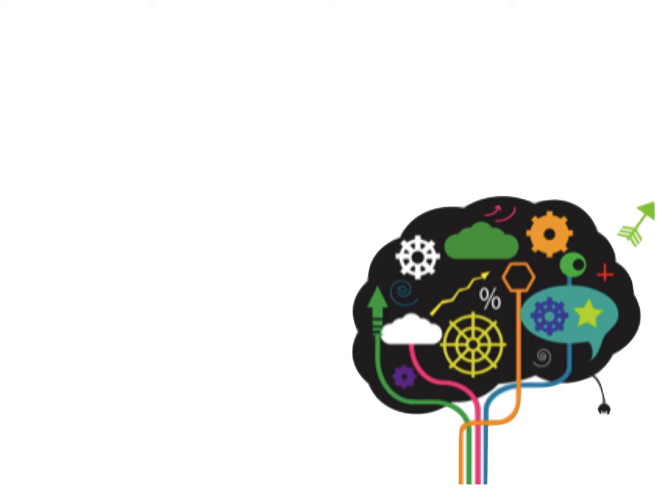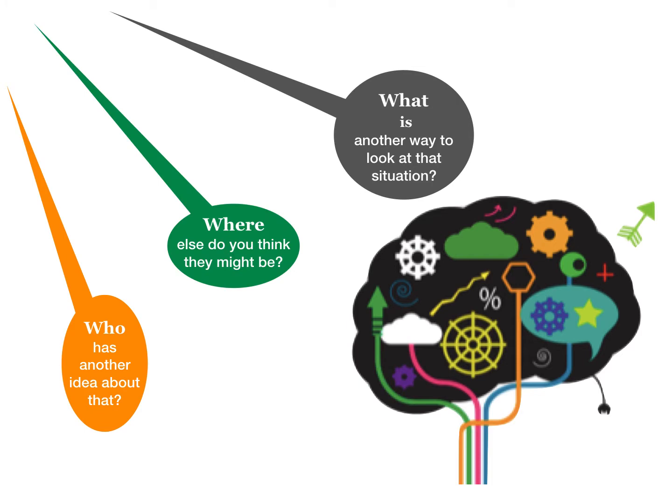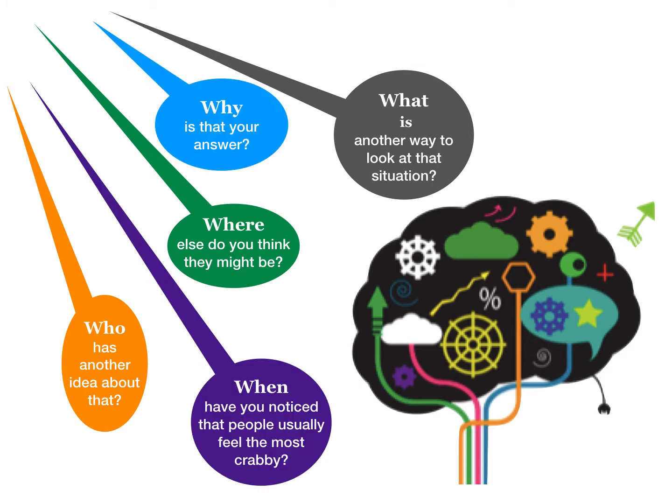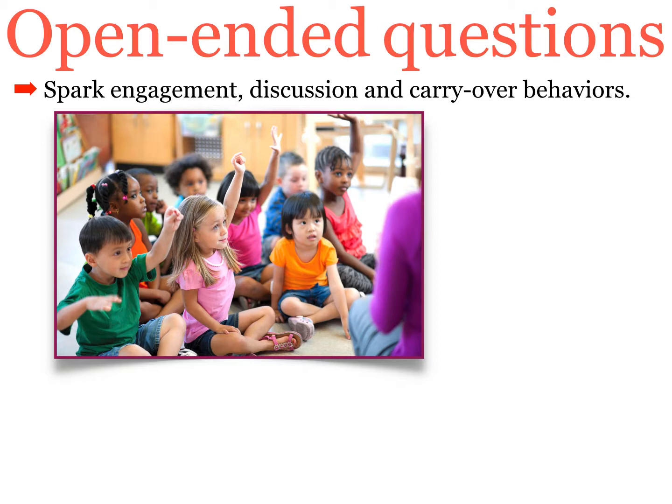So, we have another important point about creating open ended questions. Sometimes there's just no way around asking questions that elicit only one word responses. So, whenever that happens, the most helpful response from the teacher is to ask who, what, where, when, why, and how questions, because ultimately the intention of this approach is to spark engagement, discussion, and carryover behaviors.